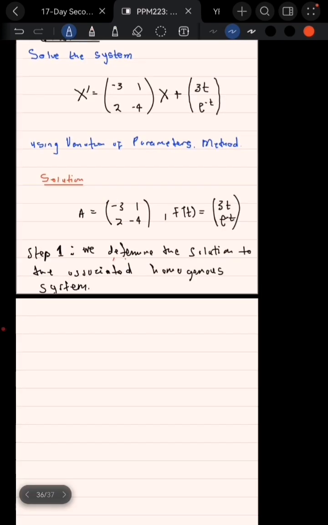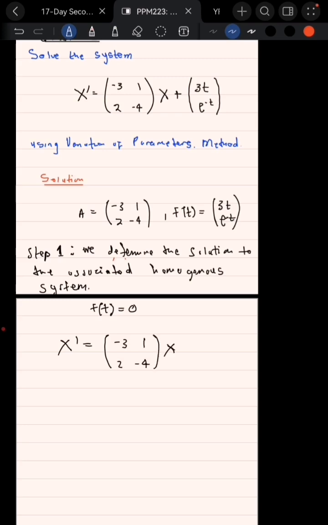A homogeneous system is whereby your f of t is equal to 0. Therefore, your x prime will be defined by the system [-3, 1; 2, -4] multiplied by x. So this is the associated homogeneous system.